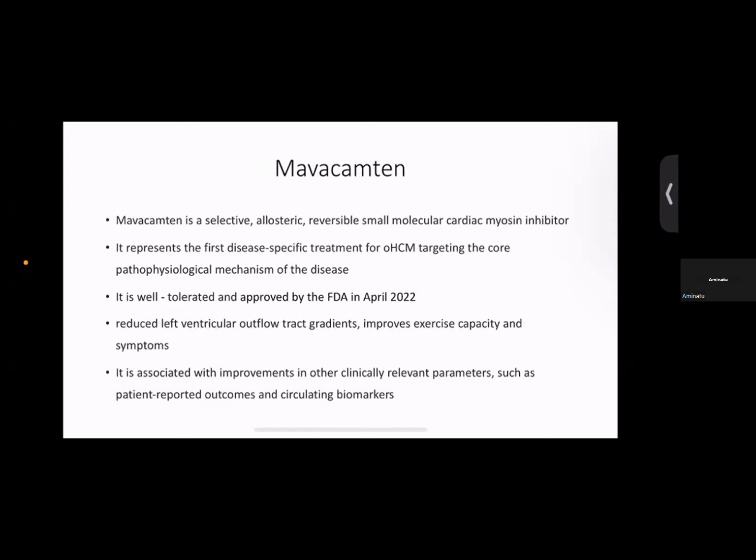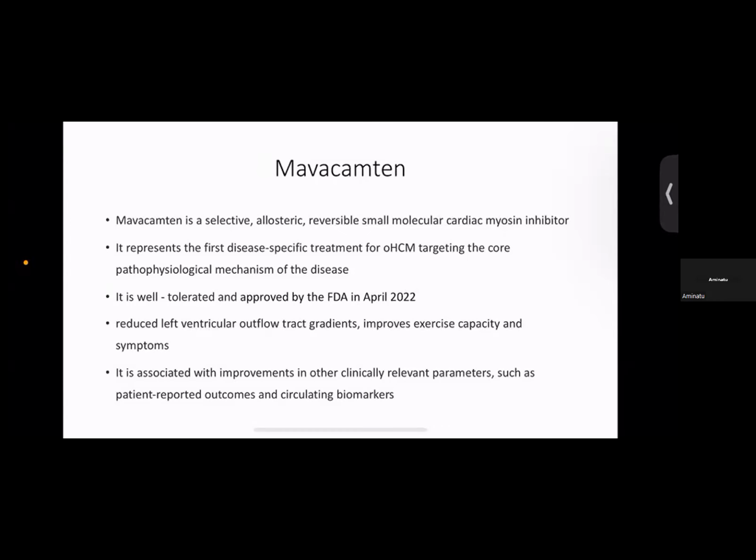So the new drug, mavacamten, is one of the medical therapies that is being used. This drug is well tolerated. It was approved by the FDA in April 2022. Mavacamten is a selective allosteric reversible small molecule cardiac myosin inhibitor.